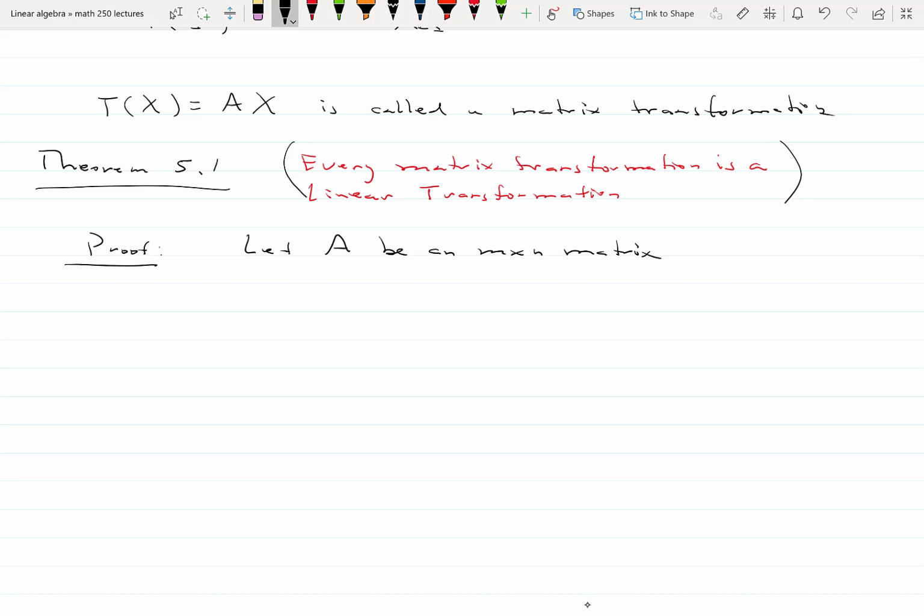The theorem is saying that the function, or just the transformation, T going from Rn, you have to get these spaces really carefully done here, Rn into Rm by T of X equals AX.